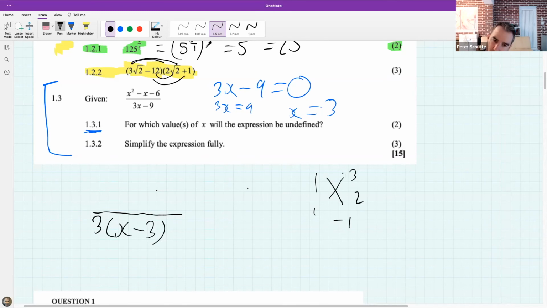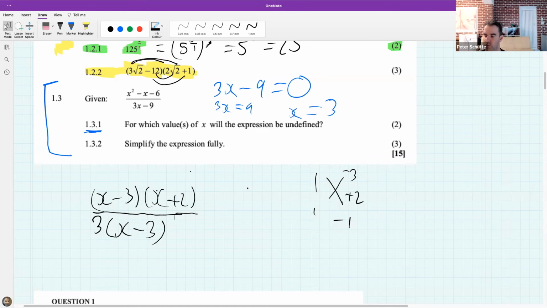3 and 2. Let's check. X squared plus 2x minus 3x and 6. Yeah. So now, if I factorize the top and bottom, how would I simplify it further?